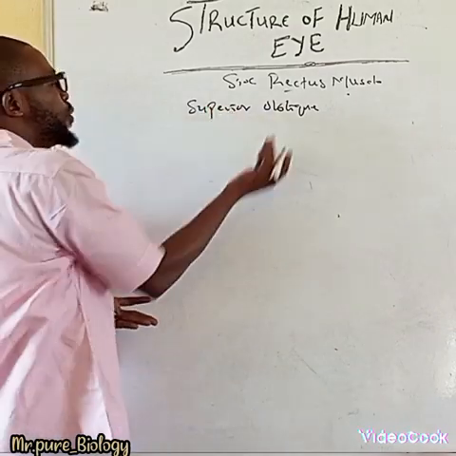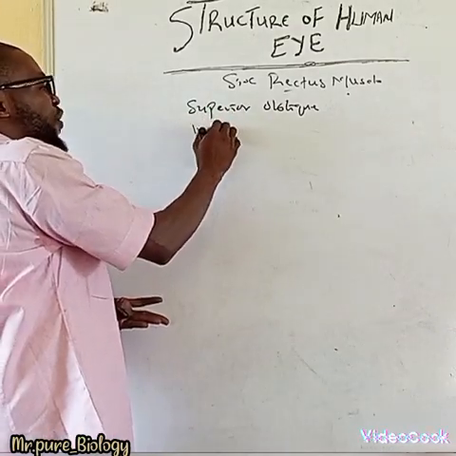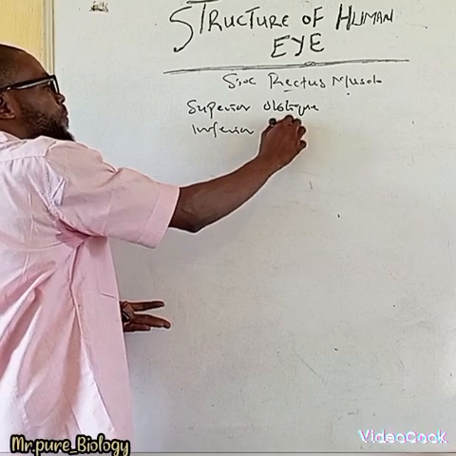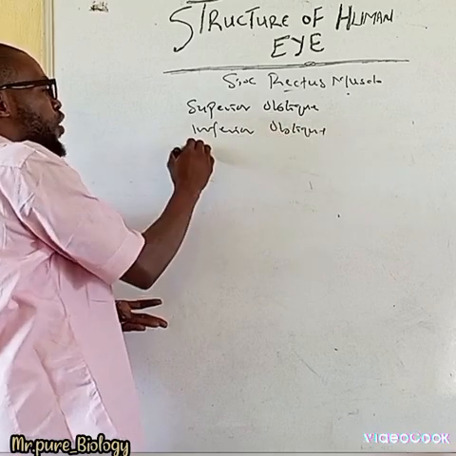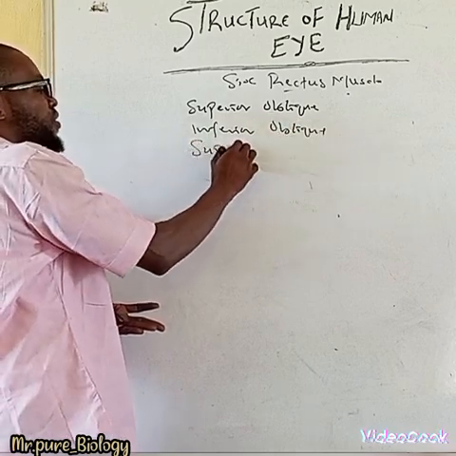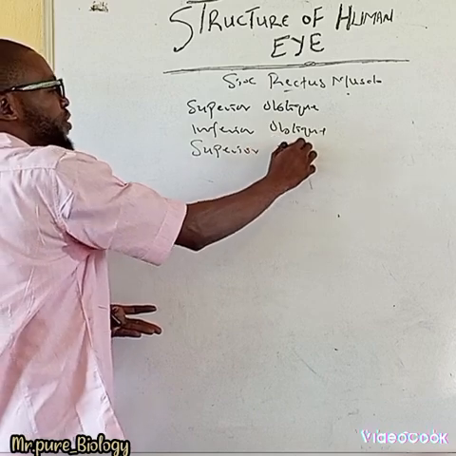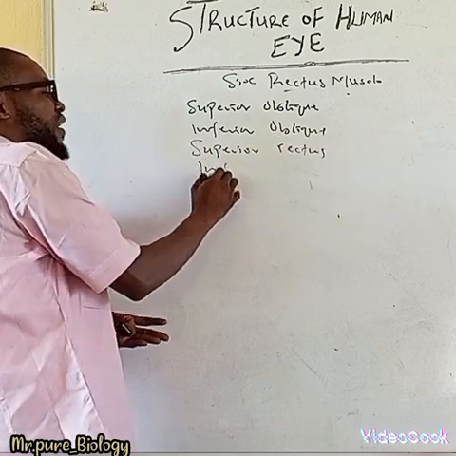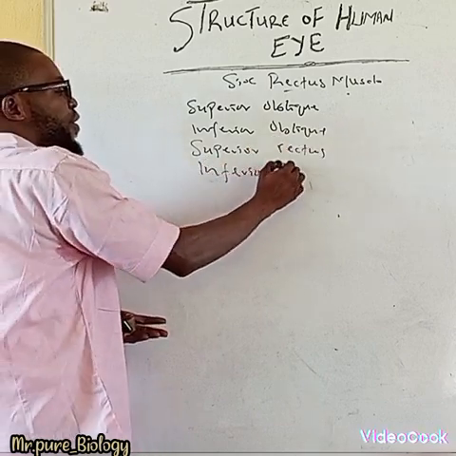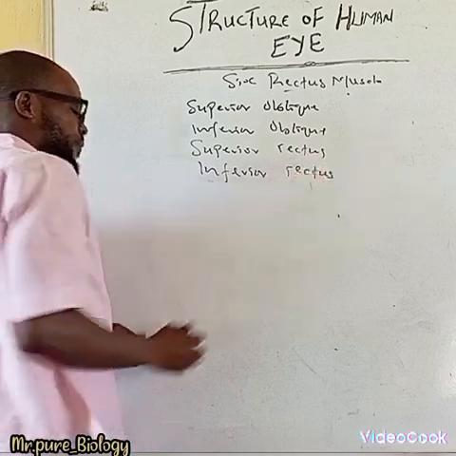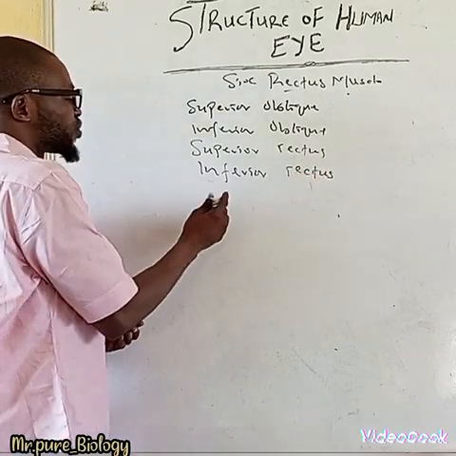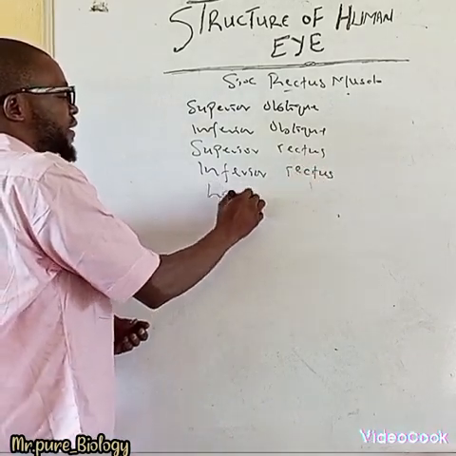We have the superior oblique, we have the inferior oblique. That is 2. We also have a superior rectus, and we also have an inferior rectus. Then the last 2 are lateral recti.